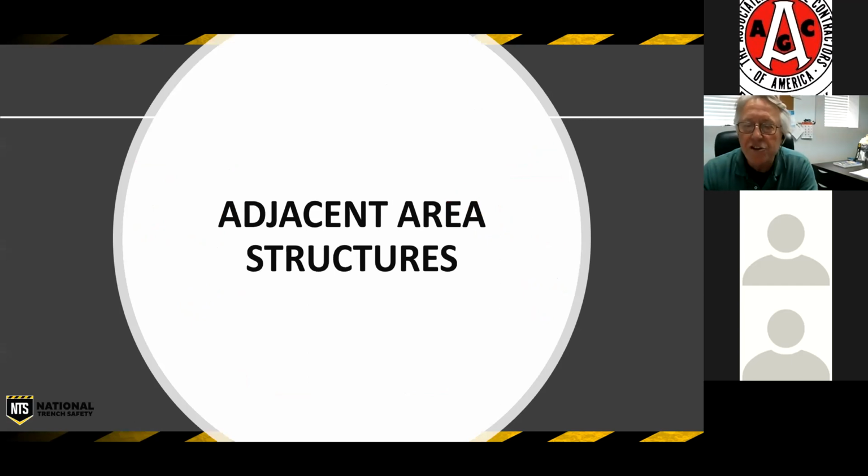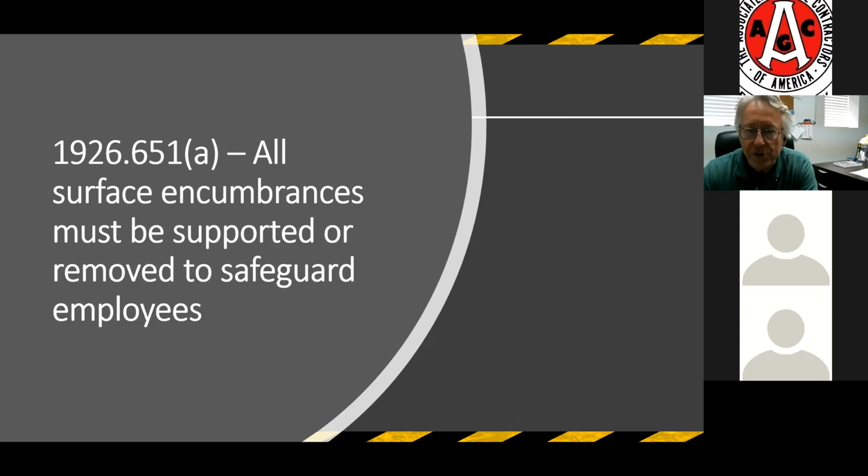Let's move our attention to the adjacent area structures and what those hazards look like. First of all, in the general requirements in Subpart P, 1926.651, the very first one, paragraph A, talks about surface encumbrances. It specifically says that all surface encumbrances must be supported or removed to safeguard employees.